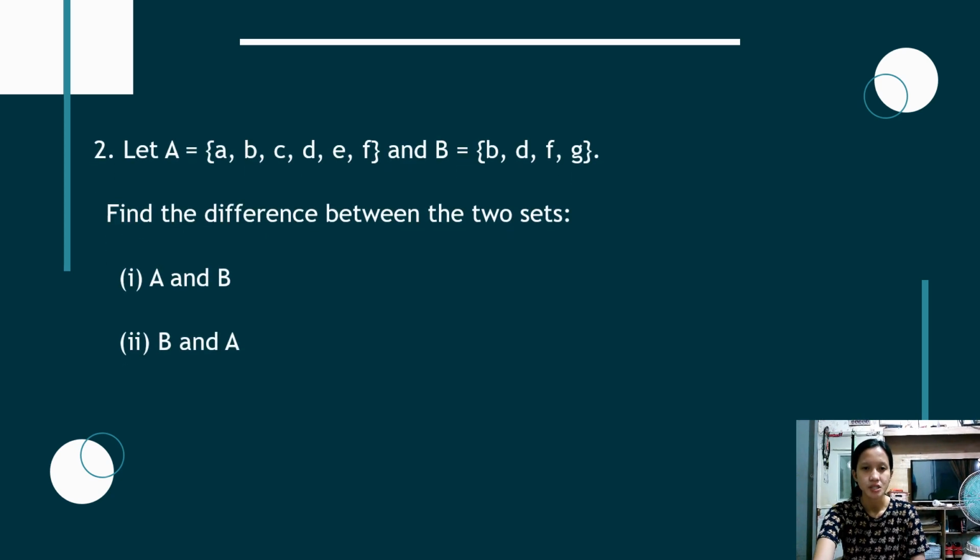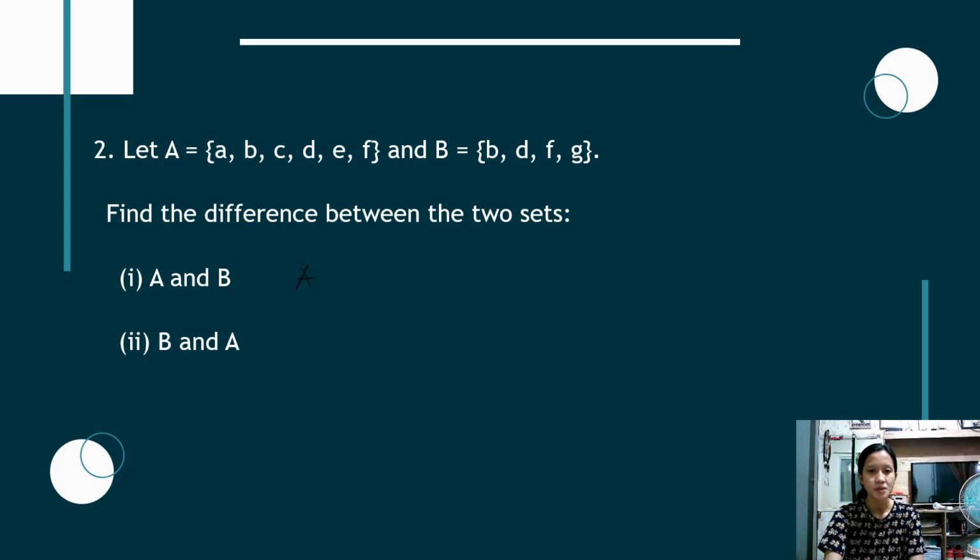Okay, so for the second example, A is A, B, C, D, E, F, the first 6 letters in the English alphabet, and B is B, D, F, and G. Find the difference between the two sets.